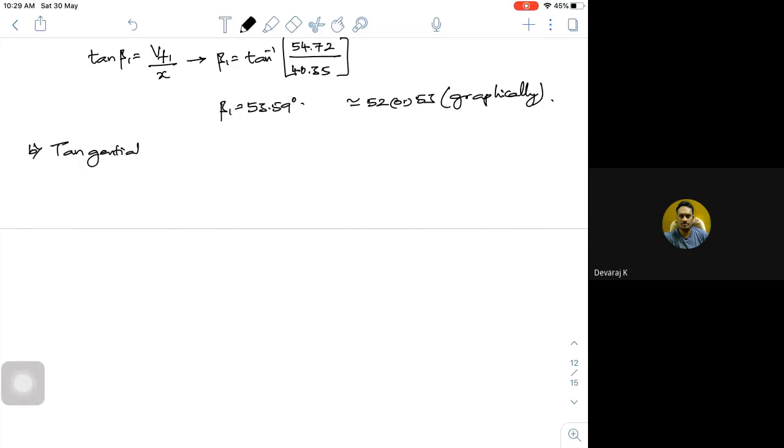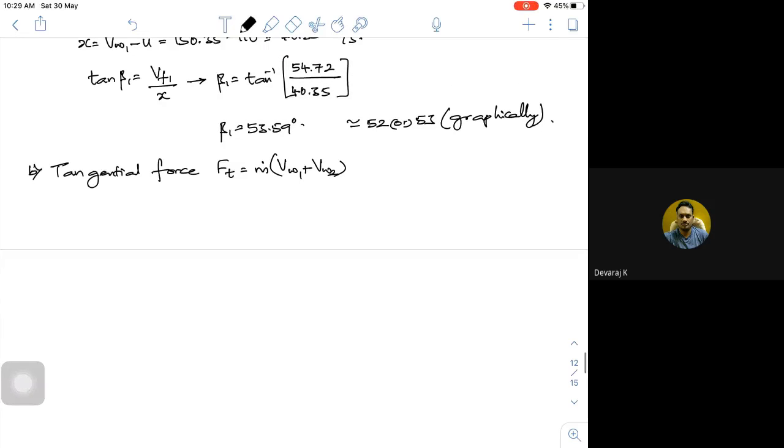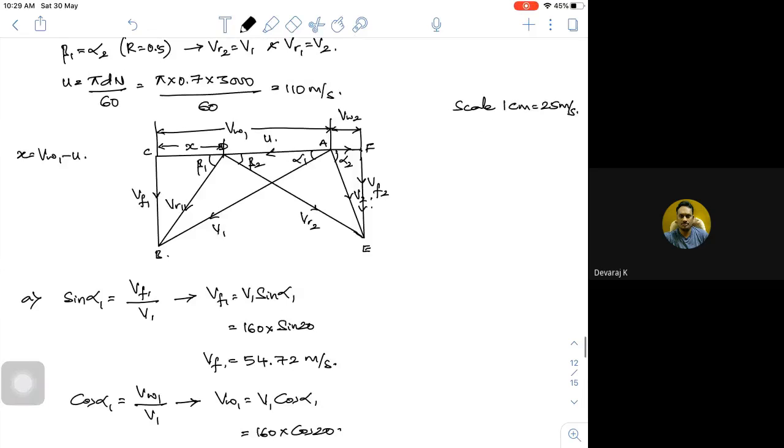The tangential force is equal to m dot into your Vw1 plus Vw2. Why I put plus actually? Because your Vw1 is in this direction and your Vw2 is in the other direction. So minus of minus it will become plus.